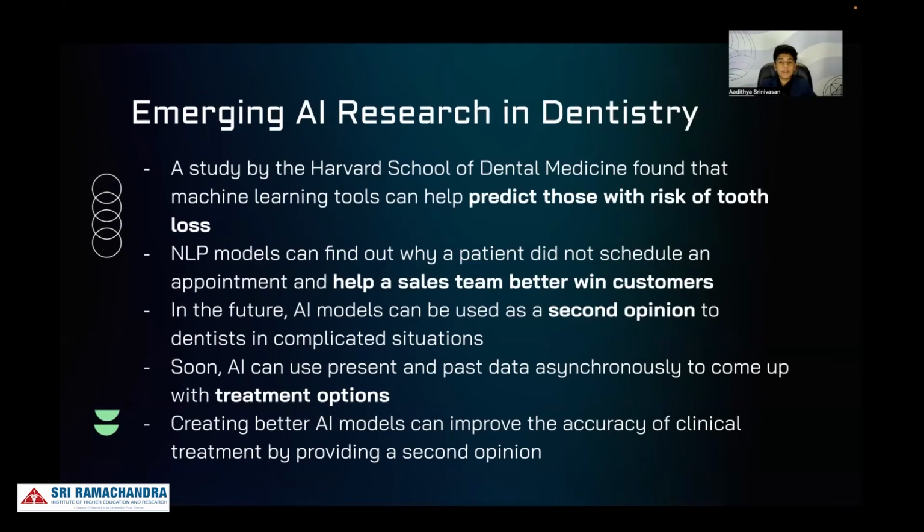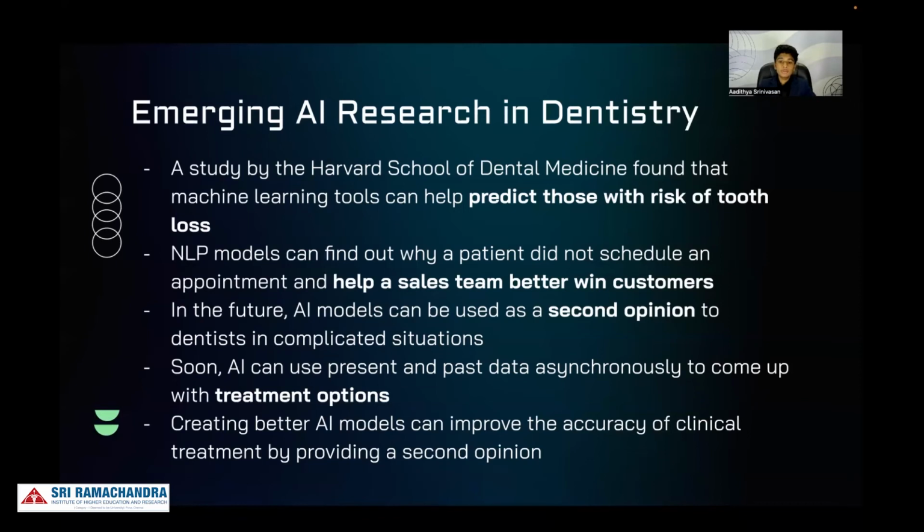And once they used an ML algorithm called gradient boosting trees classifier, they received an accuracy of 83.8% in predicting edentulism. Additionally, NLP models are being made to find out why a patient decides to not schedule an appointment, and these could be used in order to find methods to win over more customers. And this helps more in the marketing and business side of dentistry, as AI models can help identify patient trends and places for improvement.